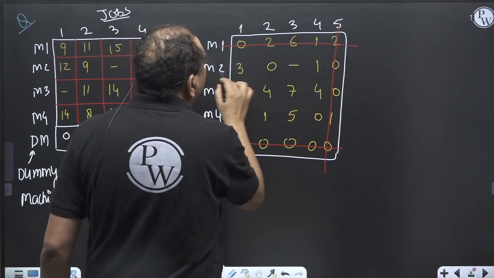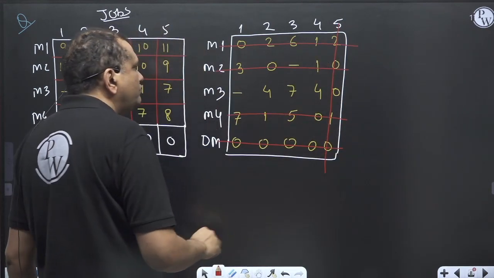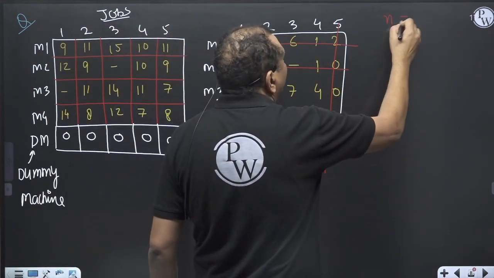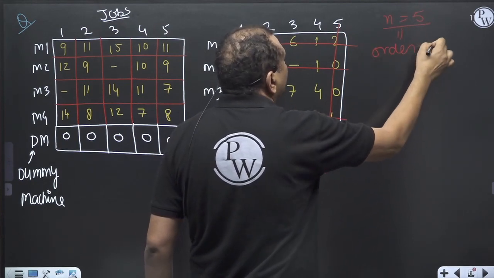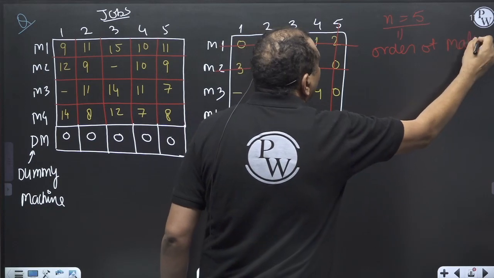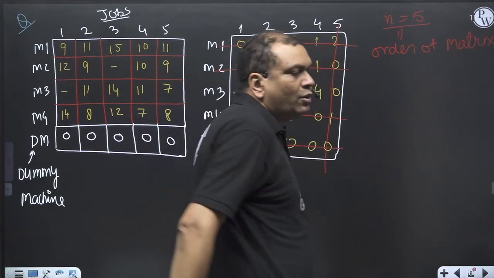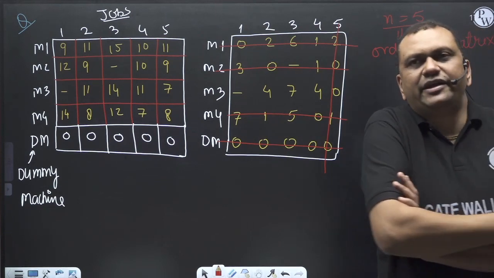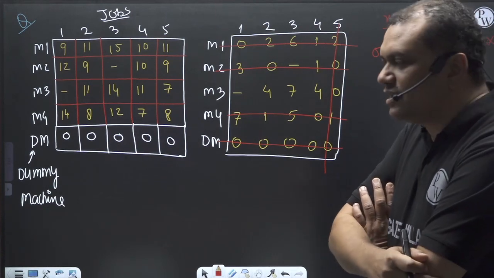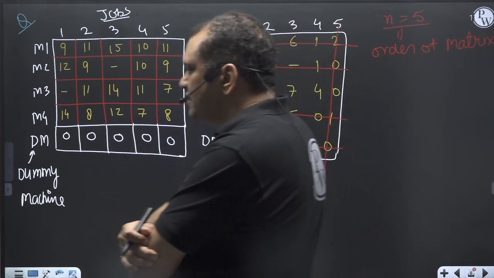Whatever way you try, the number of lines will be 5, equal to the order of the matrix. I am giving you 15 seconds, so try other methods also.